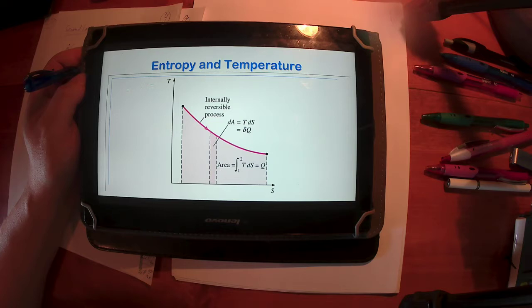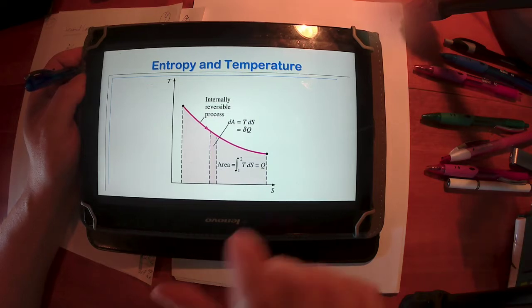But, again, the integral of temperature with respect to entropy is equal to heat, okay? Which is kind of like boundary work, where the integral of pressure with respect to volume, one property with respect to another, is equal to the work. The integral of pressure with respect to volume is the work done by the system. The integral of temperature with respect to entropy is the heat absorbed by the system. That's kind of neat.